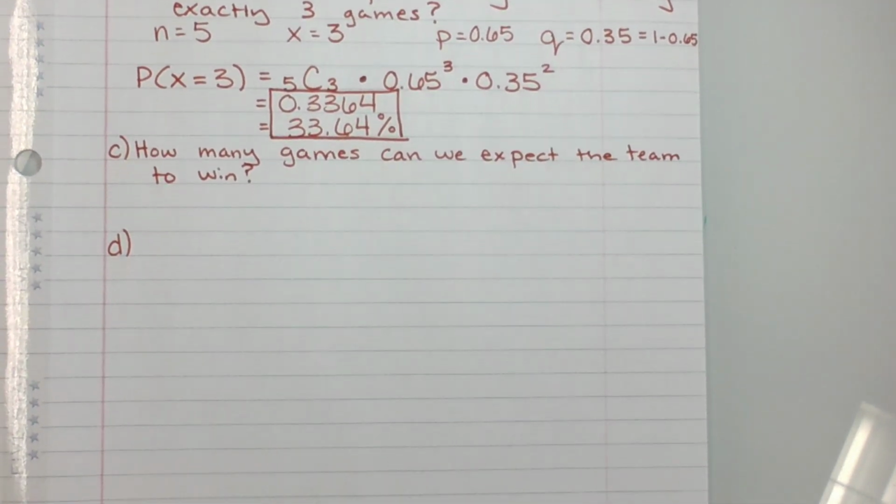How many games can we expect the team is going to win? Austin, when the question is this, what am I actually calculating? What's it asking me to find? Probability.